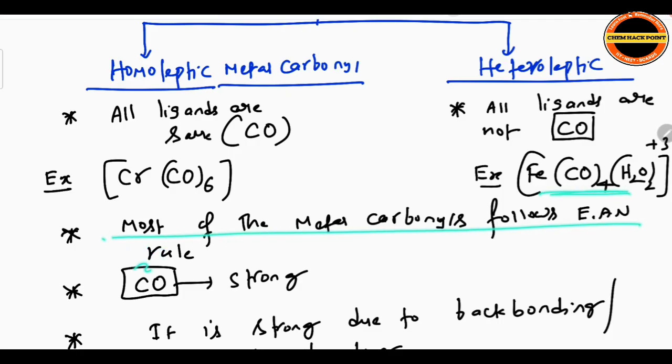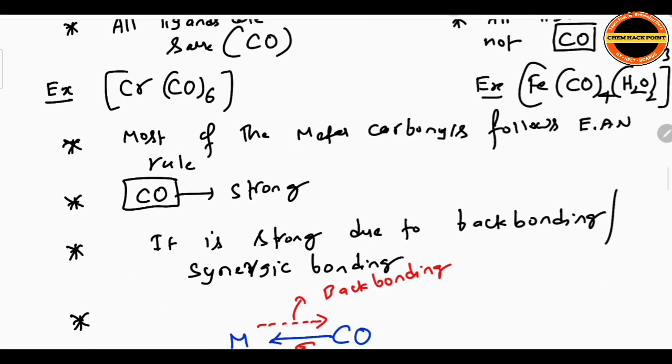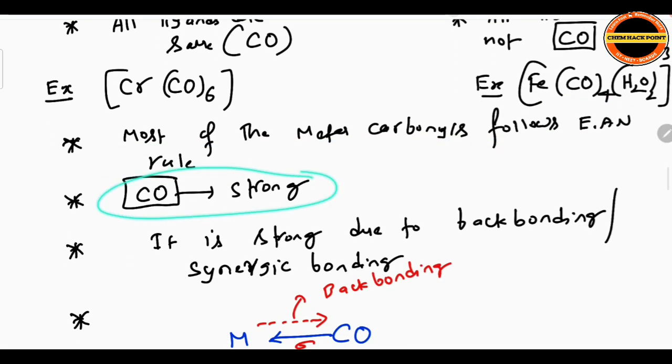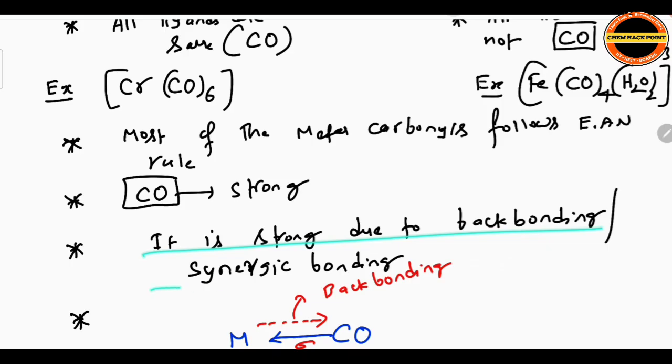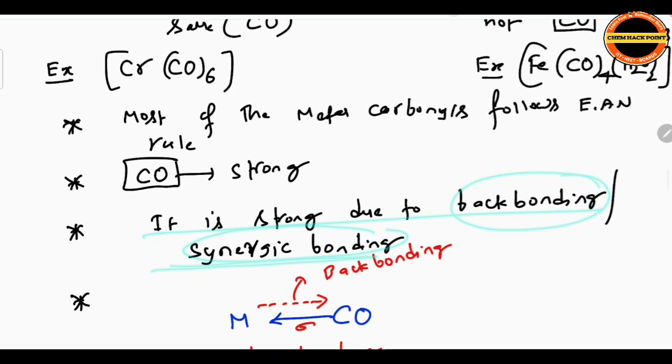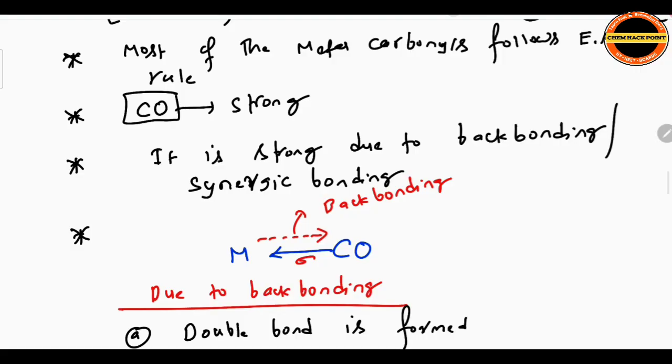Most of the metal carbonyls follow the EAN rule. And CO is a strong ligand because of back bonding or synergic bonding. What is back bonding? Here carbon monoxide forms one bond with the metal, which is a sigma bond. After accepting electrons, the metal also gives back electrons, because as it accepts electrons, the metal gets more electron density, which is highly unstable.